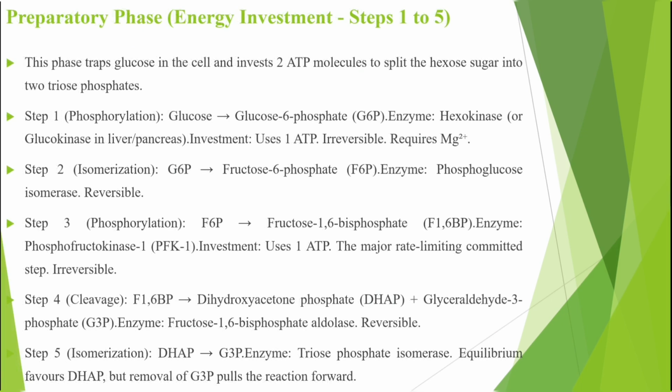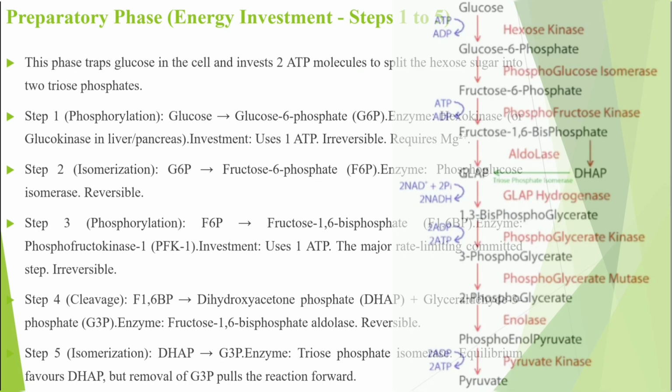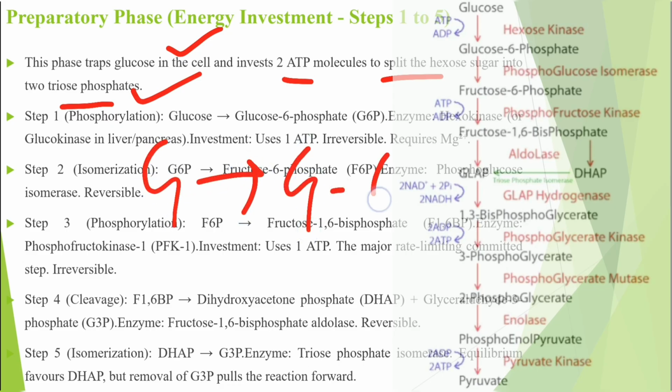The first phase is the preparatory phase, or energy investment phase. This phase breaks down glucose, a 6-carbon compound, and invests 2 ATP molecules to split this hexose sugar into 2 triose phosphates. Step 1 of this phase is phosphorylation, where glucose 6-phosphate is formed.